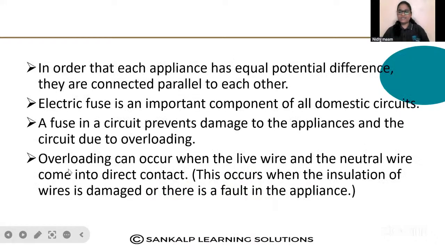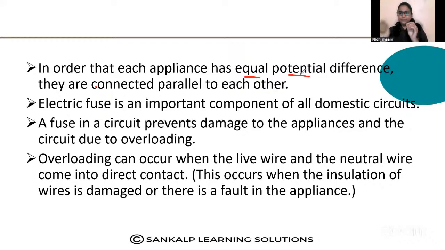The next concept is this. In order that each appliance has equal potential difference, while studying electricity, I have told you, the appliances we use, the fan, the washing machine, the fridge, the oven, all these will be connected in parallel to the main circuit. Why? Because each appliance needs a different amount of current. Equal potential difference will be there, but the amount of current required differs.